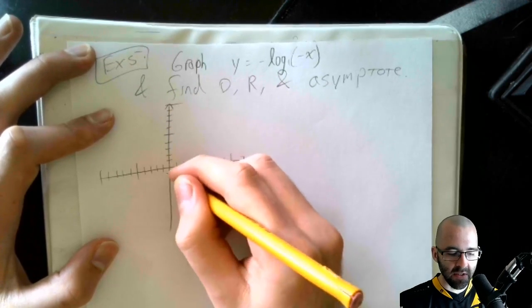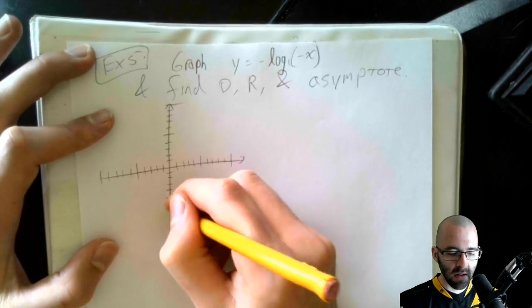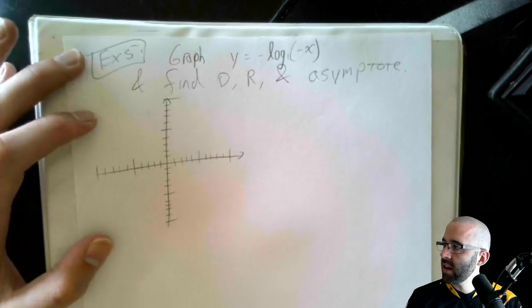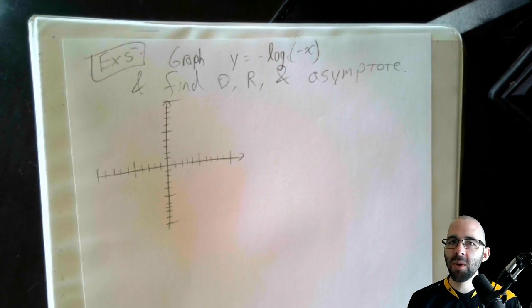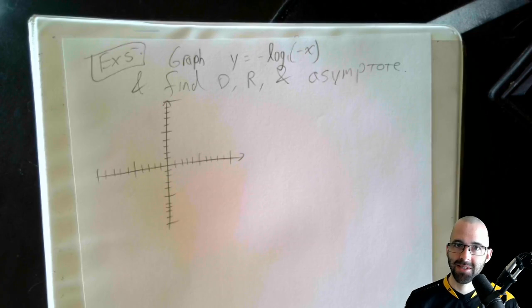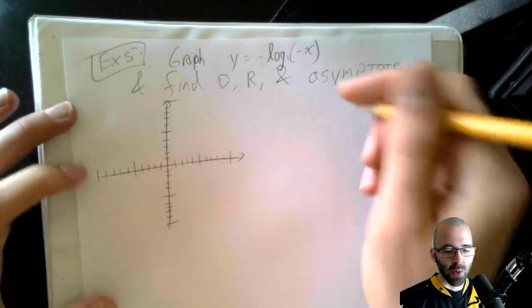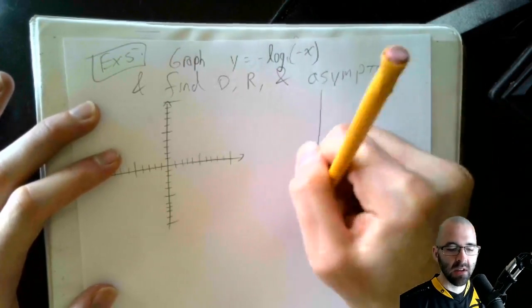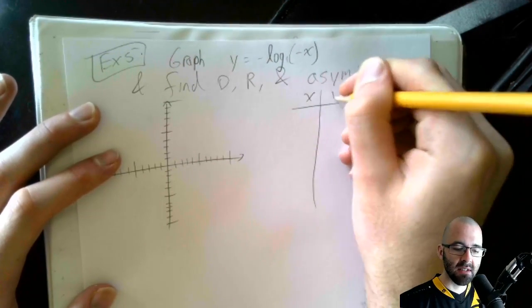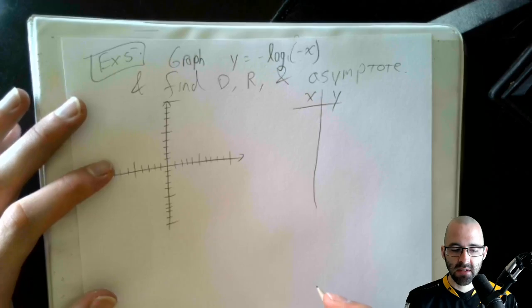Let's not do this with transformations. Let's do this and remember how to evaluate logarithms. Okay. We're going to do a table for here. A bunch of x's and their y's.